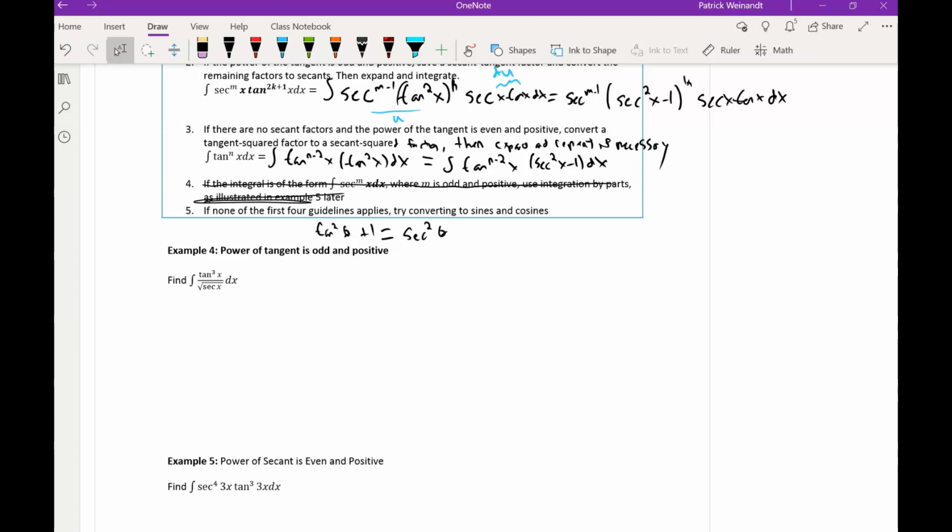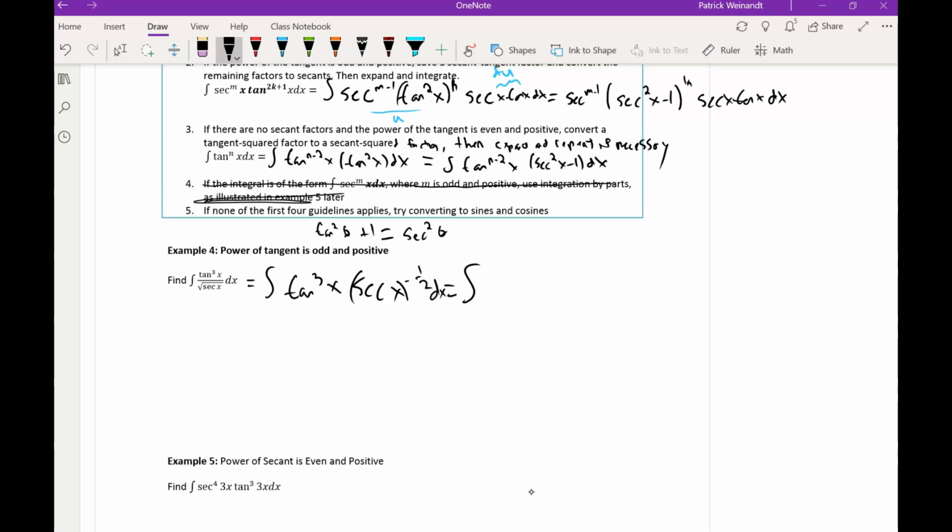So let's first rewrite the way this looks. This is the same as the integral of tangent cubed x times secant x to the negative 1/2 dx. What we want to do is get everything in terms of secant, but save a single tangent secant term.